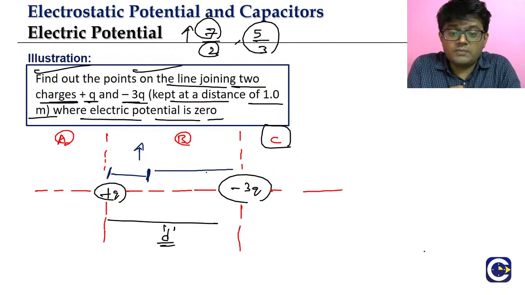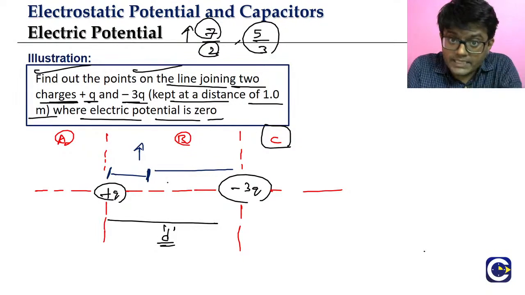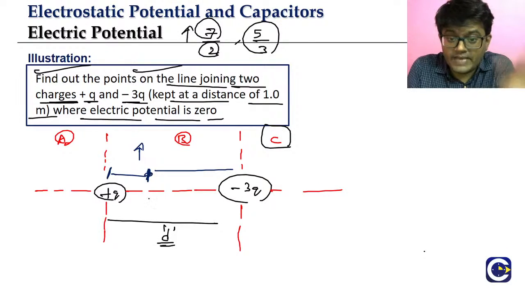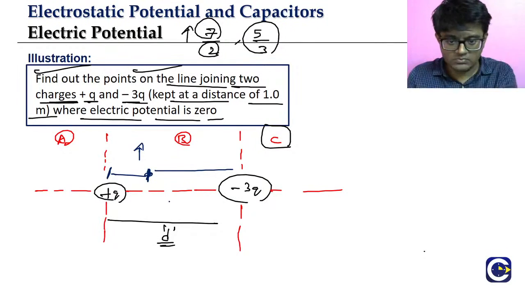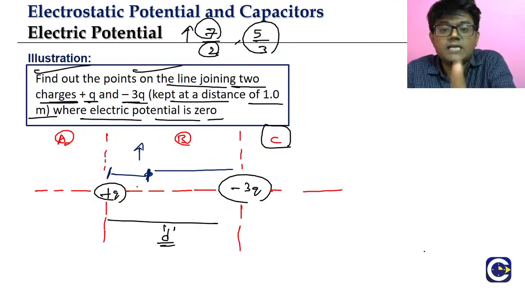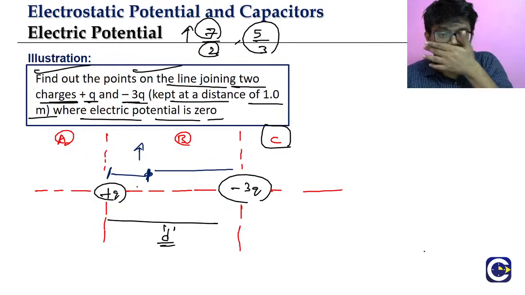When you are going away from the negative charge, the potential because of the negative charge will be decreasing in value, which means we will have a point in between somewhere. We need to find where. But somewhere there will be a point where the values will be equal but the signs are opposite. So when we add both of them, they will add up to 0. So in region B there will be a chance for the potential to become 0.